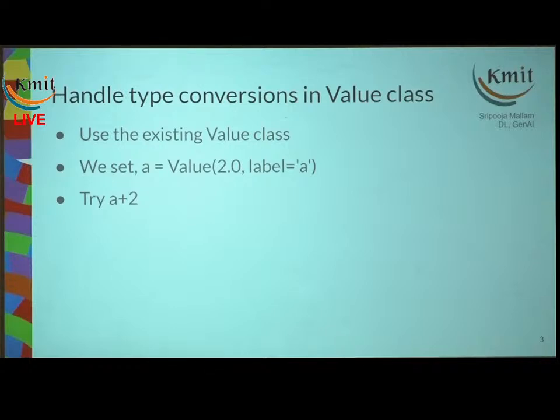First initialize the value of A and print it. In the next cell, try running A plus 2 and tell me the output. What is the error? What does it read? No, what is the last line specifically?